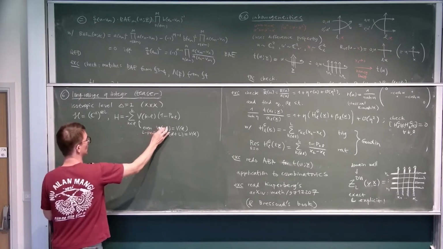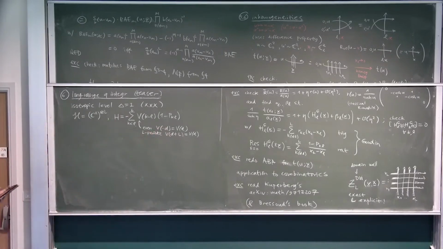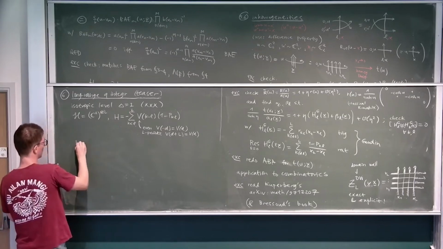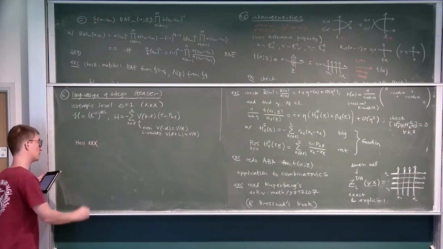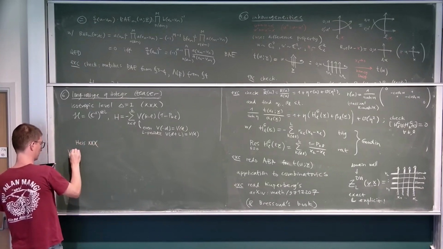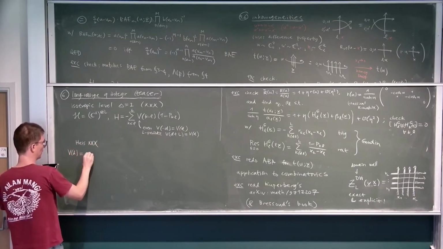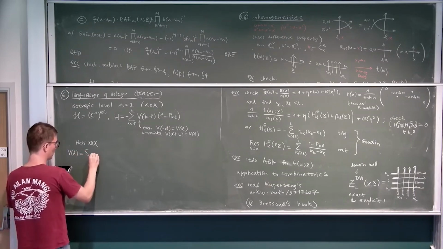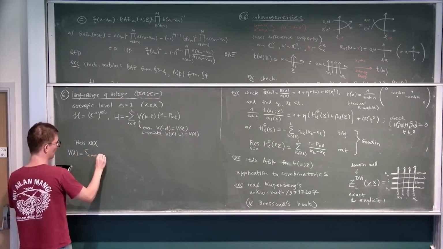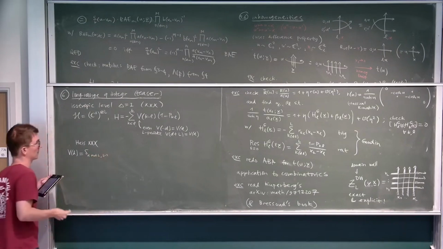Now, there are 3 spin chains which are most relevant here. One we know: the Heisenberg XXX spin chain. Here, I take my potential V of d to be 0 except when d modulo L is equal to L minus 1.